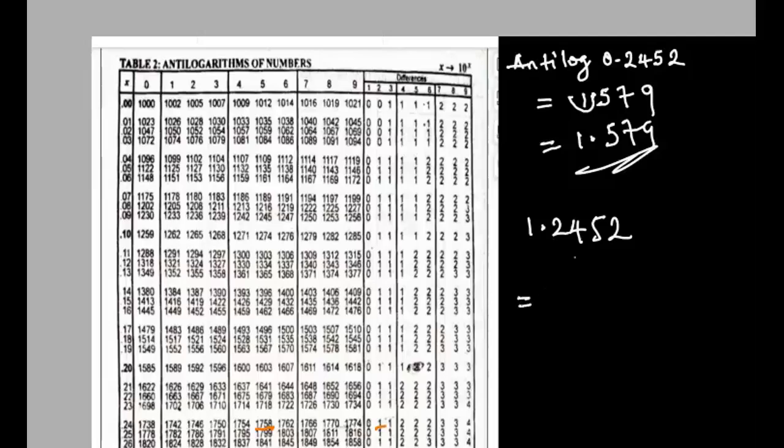Yes, I'll do 0.24, which you found before. 0.24 under 5 difference 1. That's 0.24 under 5 should be 1578, then plus 1 should be 1579.